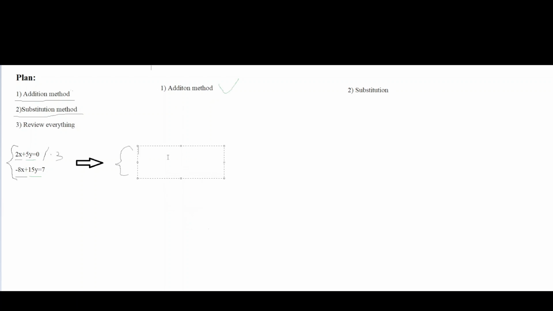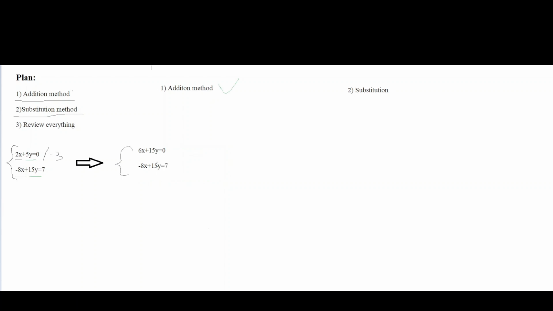So we'll have 2x multiplied by 3, it will be 6x plus 15y equals 0, because we're multiplying everything by 3. And the second part, we will not change it: plus 15y equals 7.